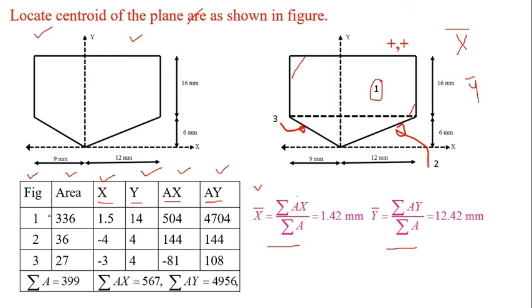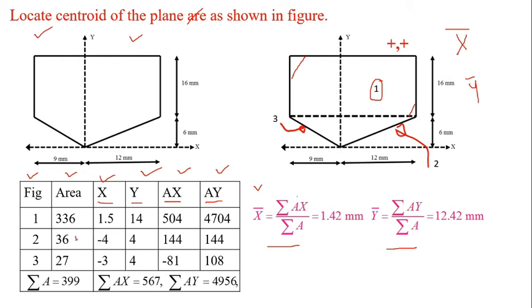Now figure number 2 is a triangle. So area of triangle is 1/2 base into height. So this is figure number 2. Area is 1/2 base 12 into height 6. So 1/2 into 12 into 6 is 36.